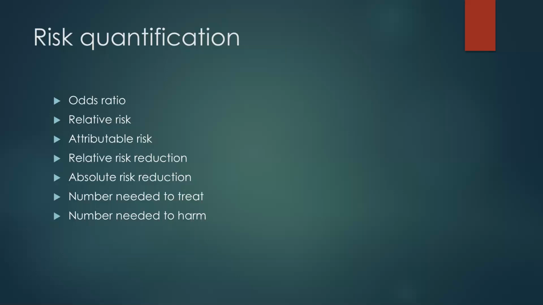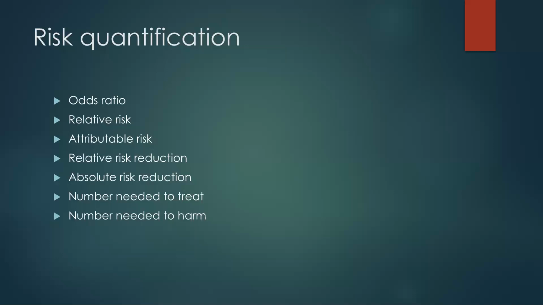These are the people who develop lung cancer, A, out of all the people who smoke. So the risk of developing lung cancer among those who smoke is this. And the risk of development of lung cancer among people who do not smoke will be this.